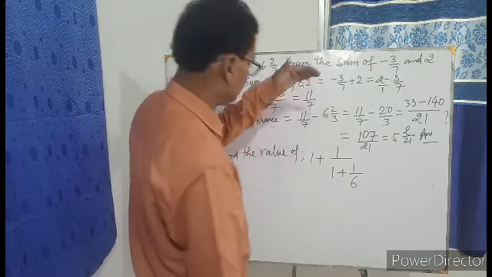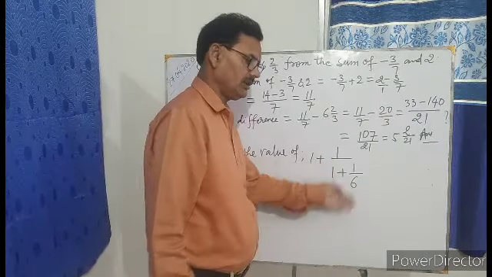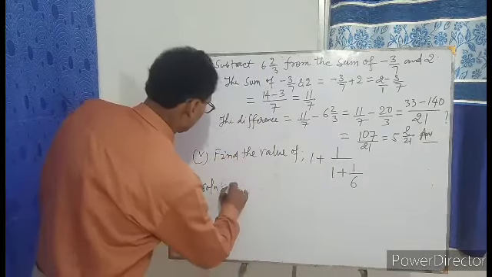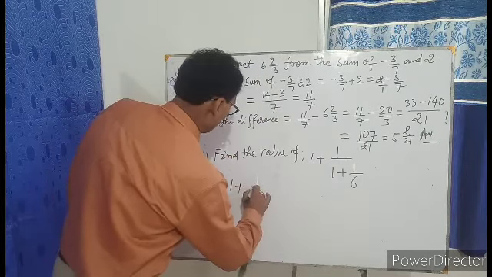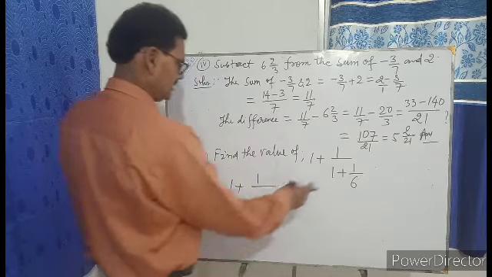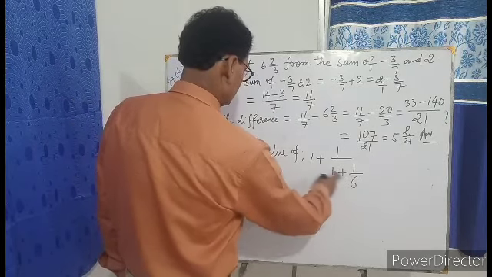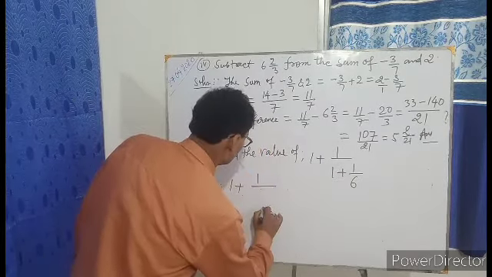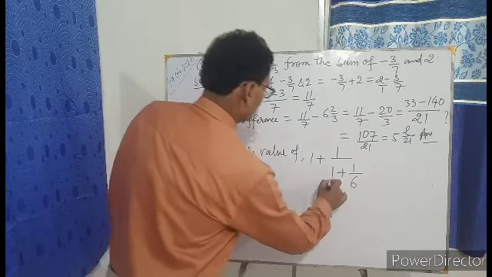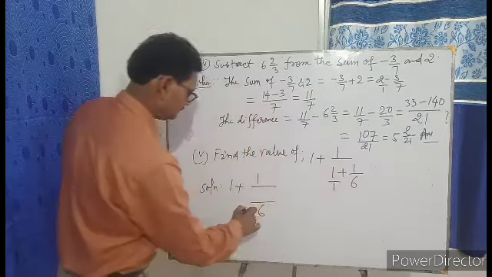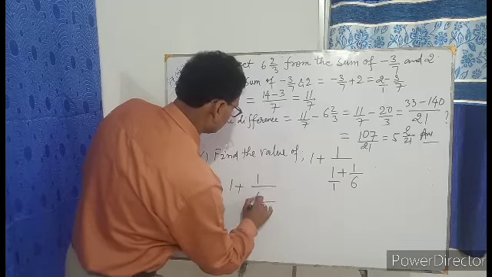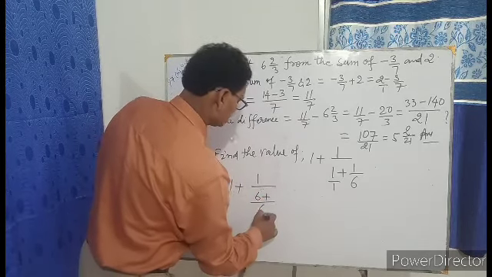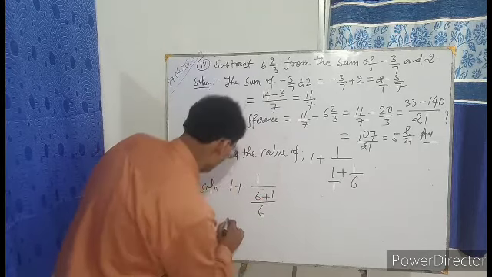We will start doing this question from the bottom. So here we have 1 plus 1 by 6. Let us take the LCM of 6 and 1, which is 6.